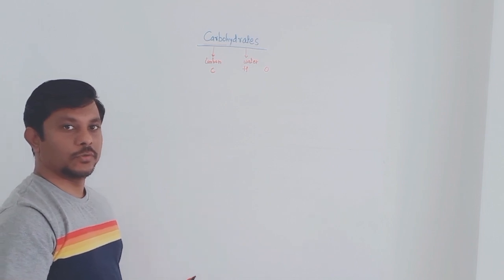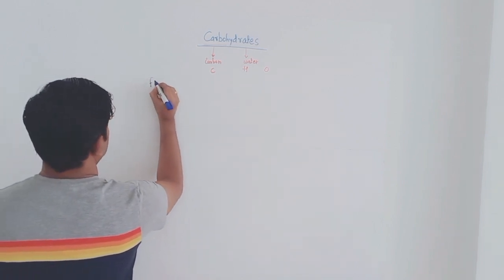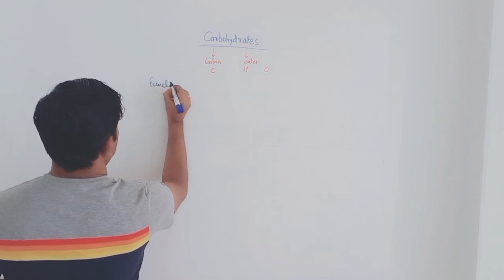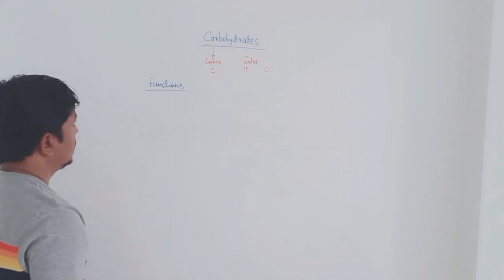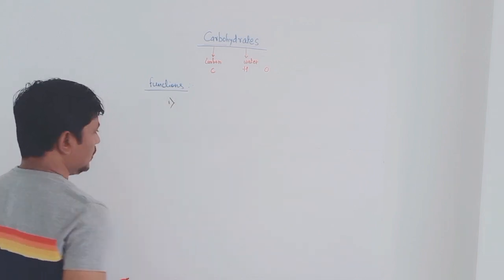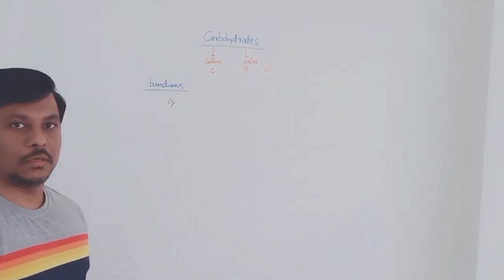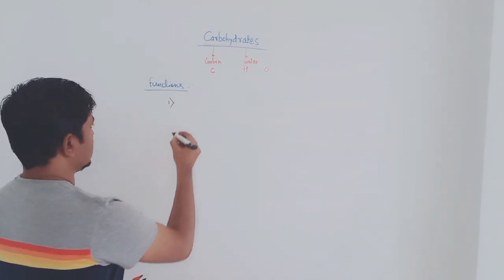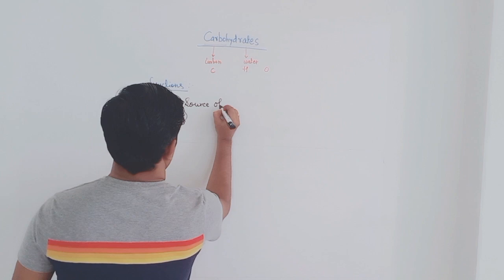So now we will see the functions of the carbohydrate. So what are the functions? First of all, it is the source of energy in plants as well as animals.